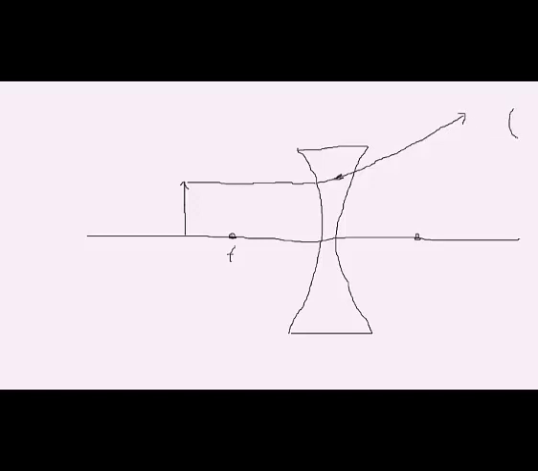So we draw a little eyeball to represent somebody looking at that ray. And to them, it looks like this ray came from the focal point. I'm going to draw a dotted line here because that's where it looks like the light came from, but it's not where it actually came from.